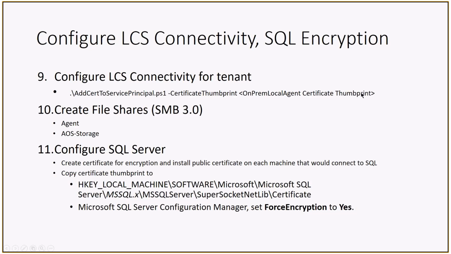You can get that from the config template.xml file, because once you run the generate certificate scripts, it will be updated in your config template.xml file. So you can take that. When you run the script, it will ask you to log into your Azure environment where your Active Directory is, and it will register the thumbprint with the service principal in your Active Directory.